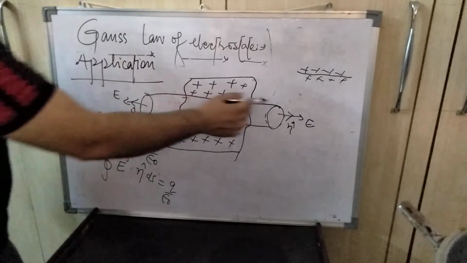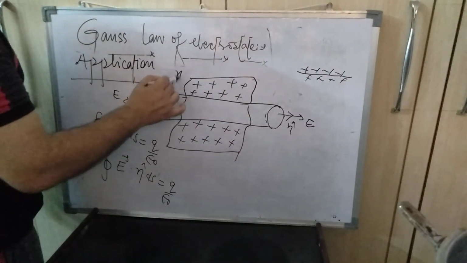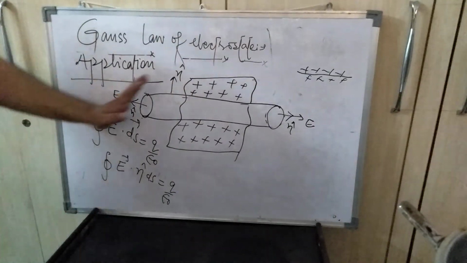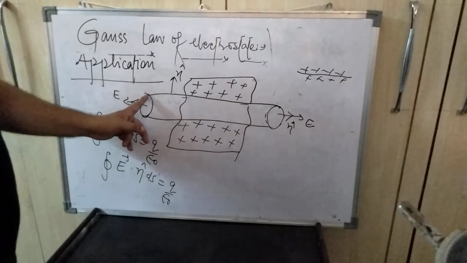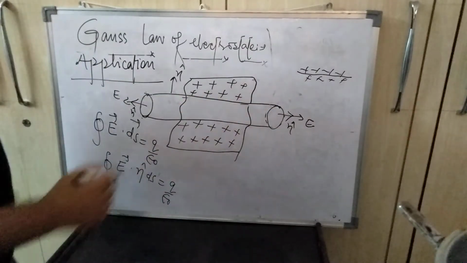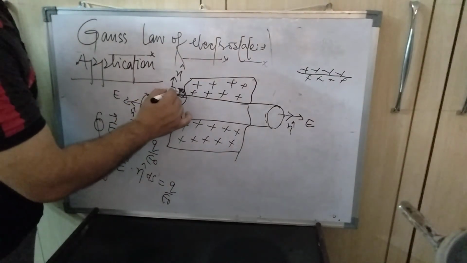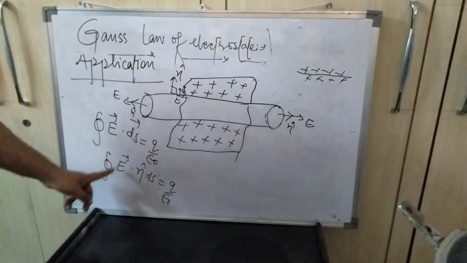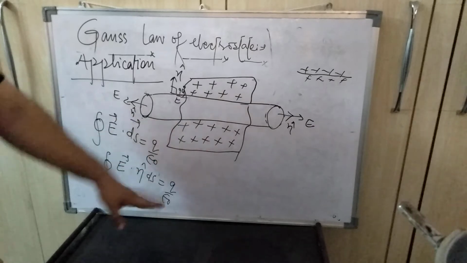While at the curved surface, you will see the direction of n will be perpendicular to the direction of the field. Now, in that case, the field contribution there will be 0 because the angle between E and n is 90 degrees. If you take the dot product, it becomes E n ds cos theta, and cos 90 becomes 0.